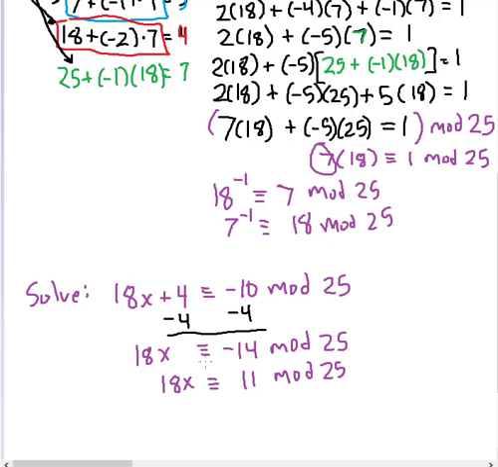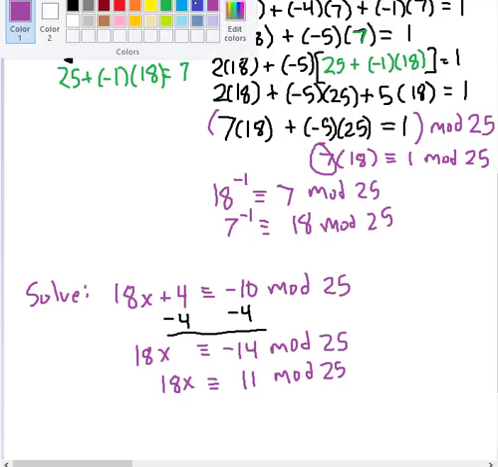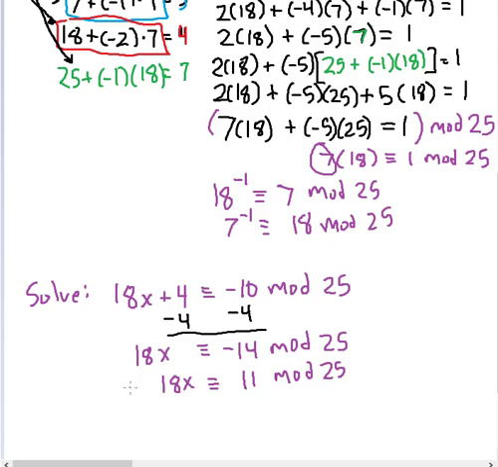Okay. And again, what are we doing with both sides? Really, we're multiplying by 18 inverse. What is 18 inverse? It's 7.